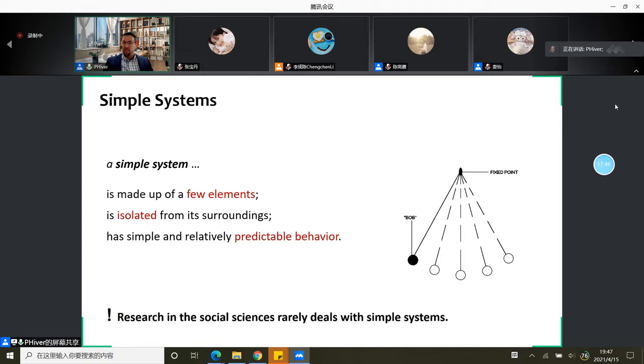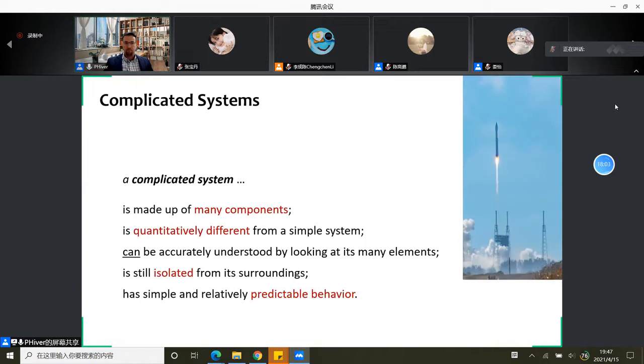But the reality is that research in our field, like much of the social sciences, rarely deals with simple systems. So our assumptions are incongruent with the reality on the ground. Now, some research recently has slightly updated assumptions. So let's see what we get here. Well, in these designs, we can see the underlying assumption of a complicated system. Now, what's a complicated system?